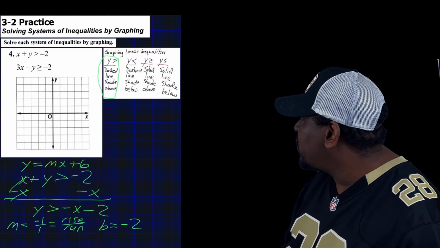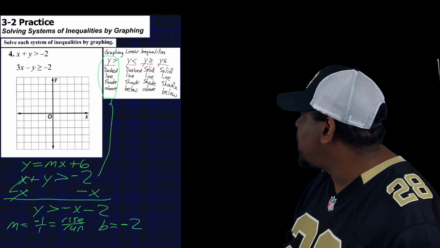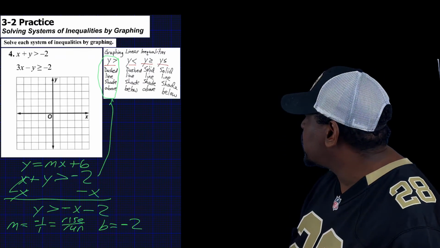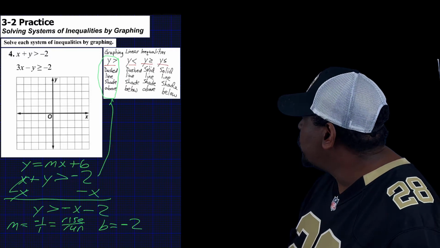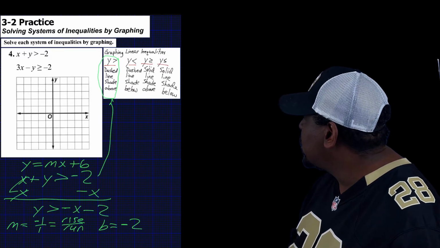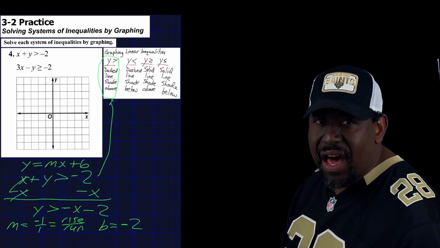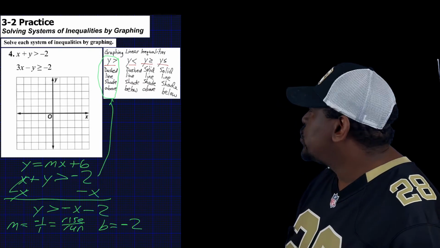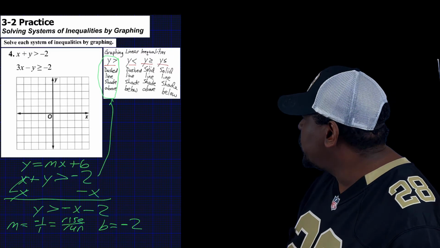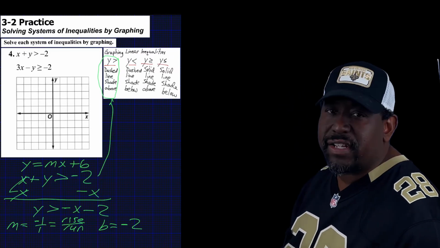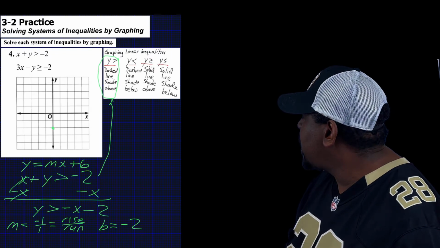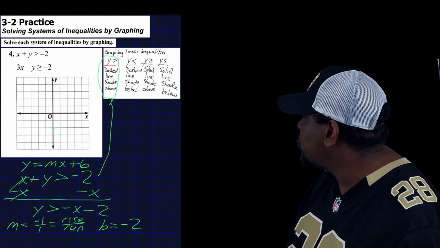Again, will we have a dashed or solid line? Now again, I go to the chart. This time we circle the particular form that we will be using for this problem, which means we will produce a dashed line and we will shade above that boundary line. We know we'll have a dashed line because it doesn't include the equal sign. So first thing we do is we plot our y-intercept at -2.